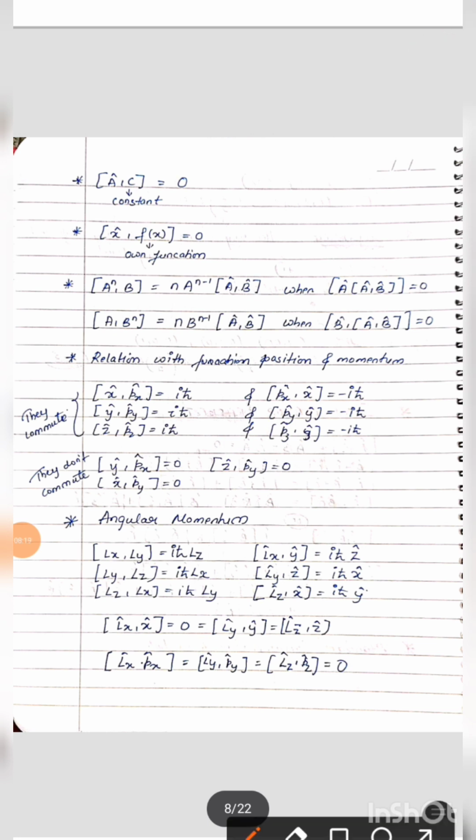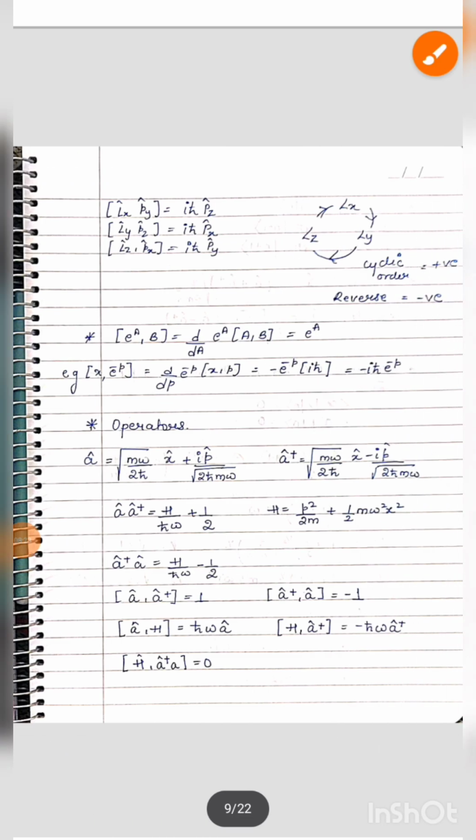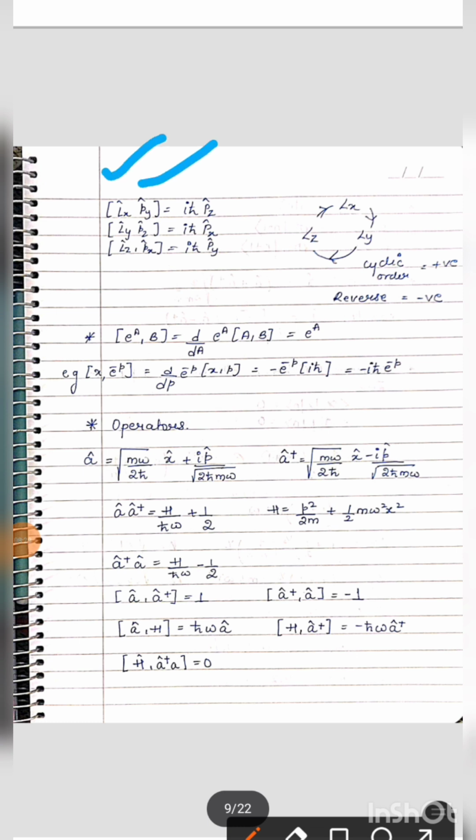I have just written the standard formulas here. Okay. Next, for the angular momentum component with the momentum component, that is [Lx, Py] = iħ Pz, [Ly, Pz] = iħ Px, [Lz, Px] = iħ Py.